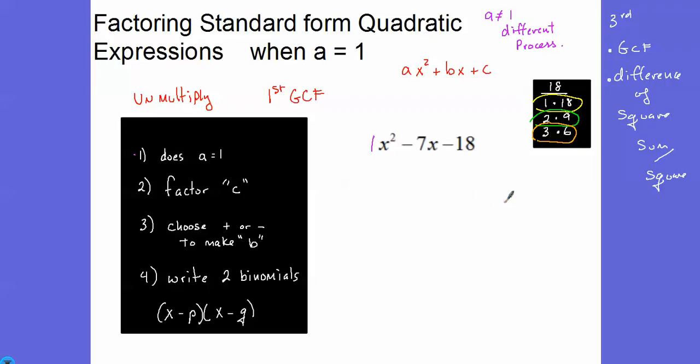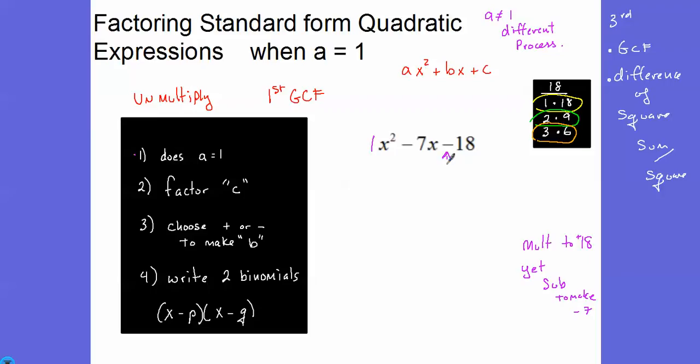Essentially, this whole process is what will multiply to make 18, positive 18, and I'm saying positive on purpose, yet in this particular case, subtract to make negative 7. And I got a bit ahead of myself. How do I know I'm subtracting?